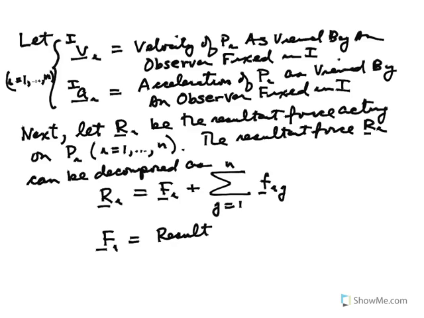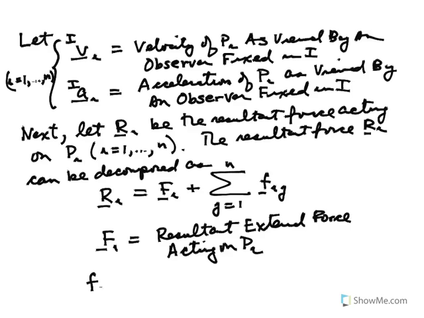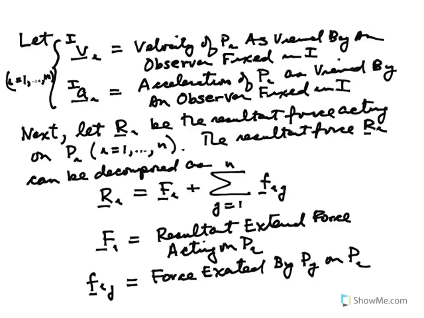resultant external force acting on Pi. And when I say external, I mean external to the system. And Fij is the force exerted by particle j on particle i.